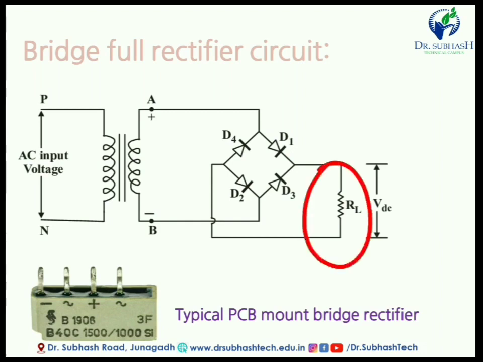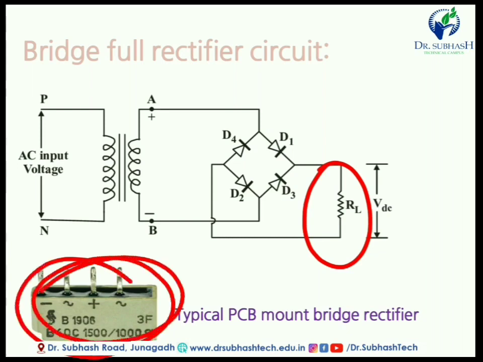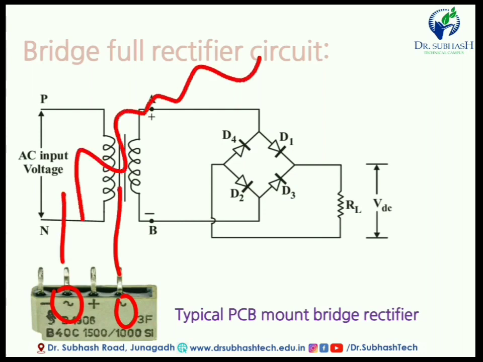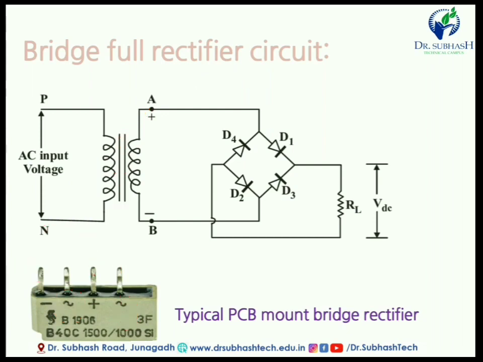Nowadays this type of bridge is available in the market. This is the input and this positive and negative is our output. The AC symbol is there, so you get the input signal from the transformer, and at the positive and negative terminals you get the output. This one is positive, this is negative.